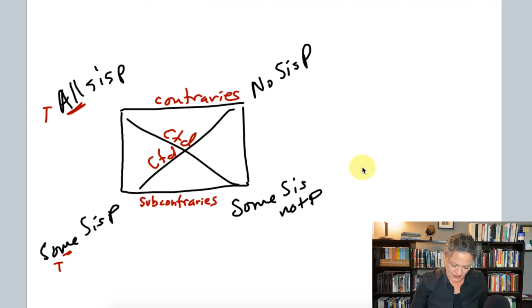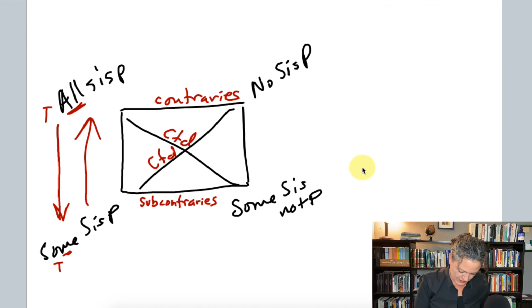But you can't go, some iPhones are Apple, therefore all iPhones are Apple. That would be a mistake. You can read down the square, because all includes some, but you cannot read up the square. That's a logical error to go from some to all. Some human beings are nice, therefore all human beings are nice. No.